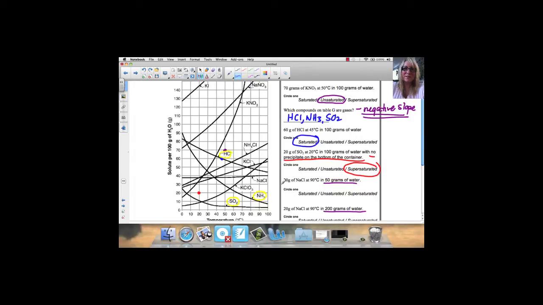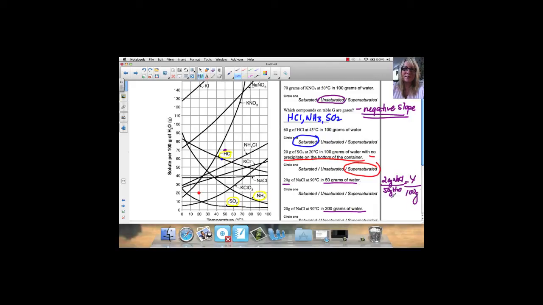So we've got 20 grams in 50 grams. I'm going to write that down over here. I've got 20 grams of solute, so NaCl, in 50 grams of H2O. Well, how much would it hold in 100 grams of water?